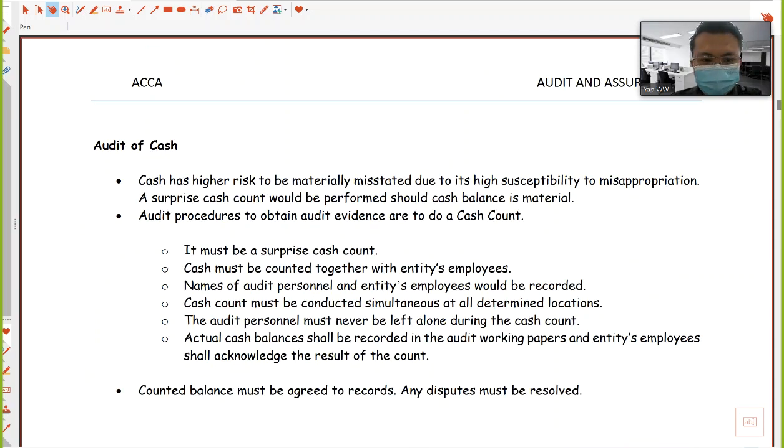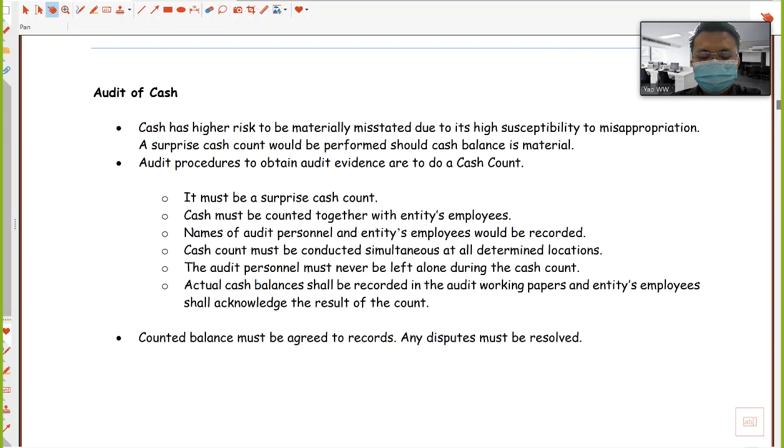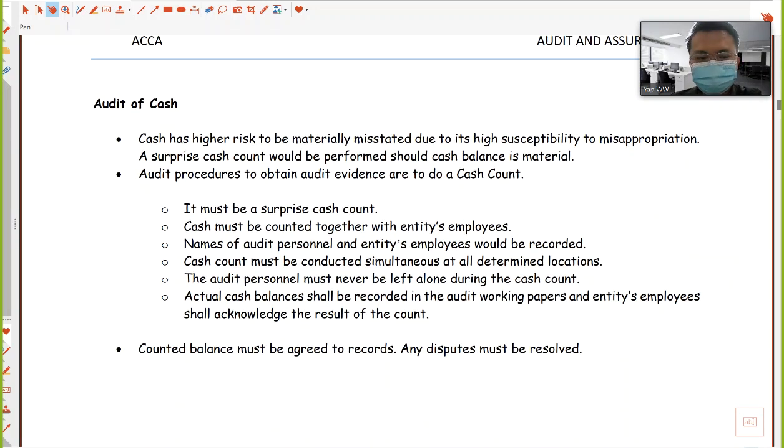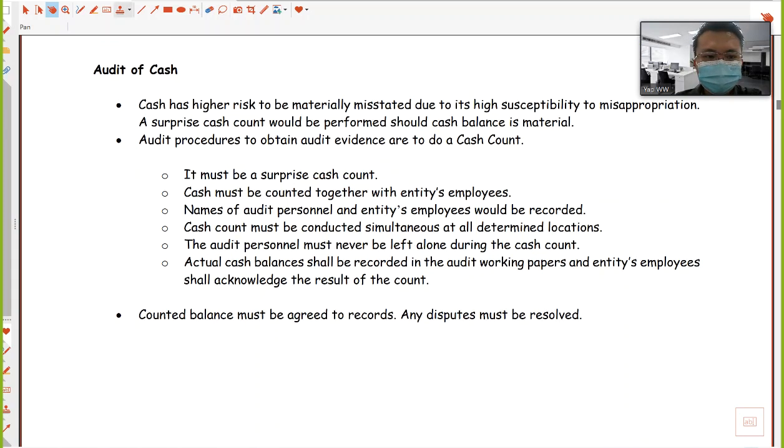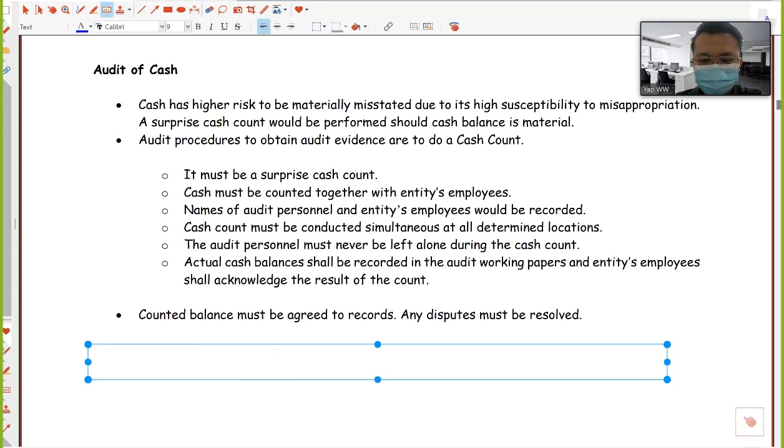Next, audit of cash. Okay, basically cash auditor don't audit one. Okay, in terms of substantive procedures, auditor less likely to audit. So what we will have to do usually as an auditor, we will perform the confirmation. Okay, send a confirmation to confirm with the management for the cash balances.